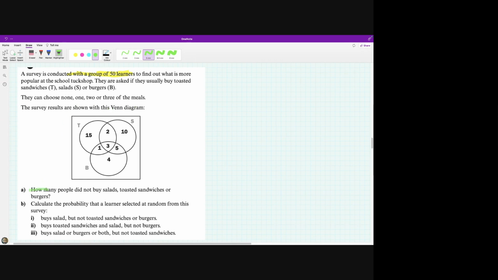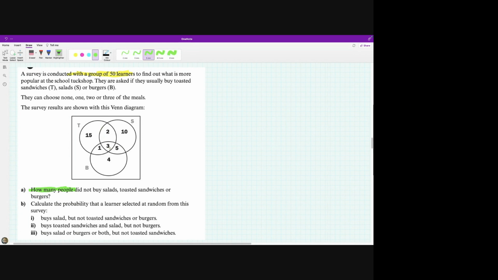Okay, first question. How many people did not buy any of these things? How many people did not buy anything at the tuck shop? Look at this Venn diagram and ask yourself, how many did not buy anything at the tuck shop? And it's possible to buy all 3 things.